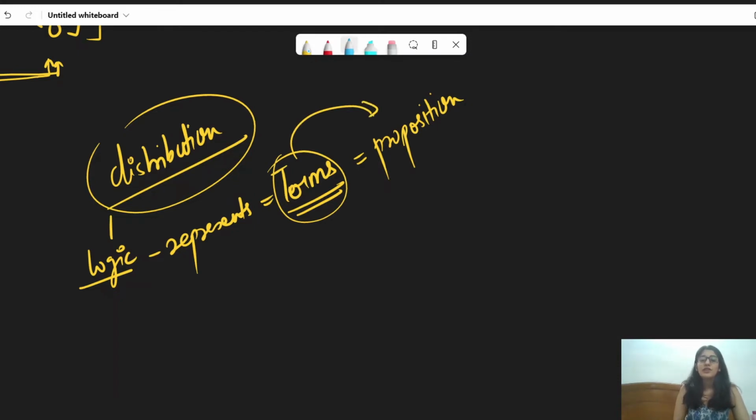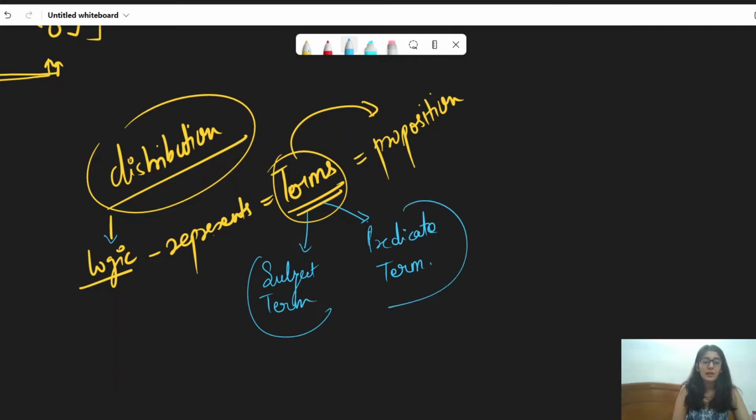Now, the natural question that should come to your mind is, what exactly are these terms? They are the subject term and the predicate term. So the definition becomes that distribution in logic represents the way in which the terms, that is the subject term and the predicate term, appear or occur in the propositions.